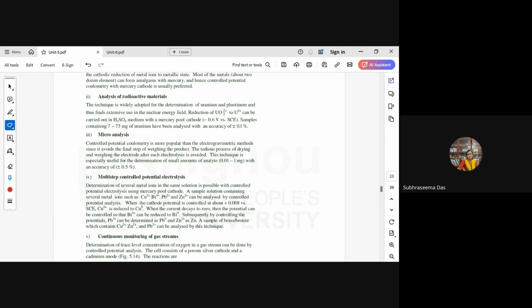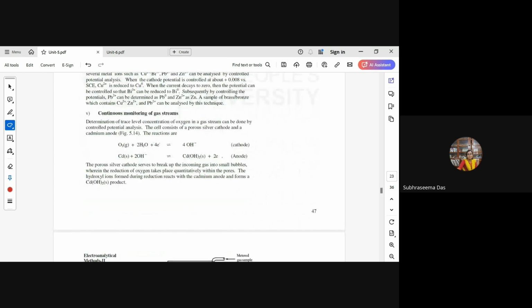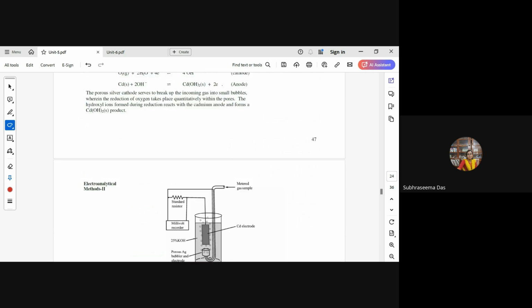The determination of several metal ions in the same solution is also possible, called multi-step controlled potential electrolysis. It is used for continuous monitoring of gas streams, and helps in the determination of trace concentrations of various gases.